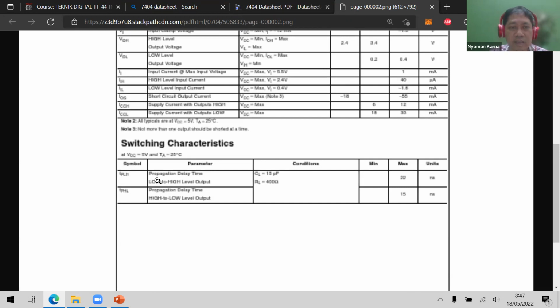It has propagation delay time from low to high is 22 nanosecond, and the high to low is 15 nanosecond. So it has different delay when the input is coming from low to high compared to the input signal coming from high to low. Low to high is 22 nanosecond, and the high to low is 15 nanosecond.